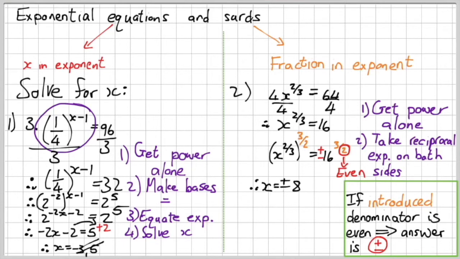Now, if you wonder where I get the 8 from, especially if they say without use of a calculator, remember that 16 to the power of 3 over 2 is the same as 2 to the power of 4, to the power of 3 over 2, which is 2 goes into 4 twice, which leaves me with 2 to the power of 2 times 3, which is 6. Oh my goodness, I made a mistake.